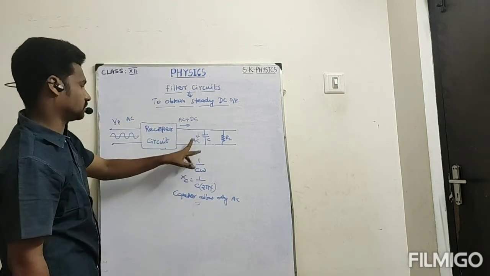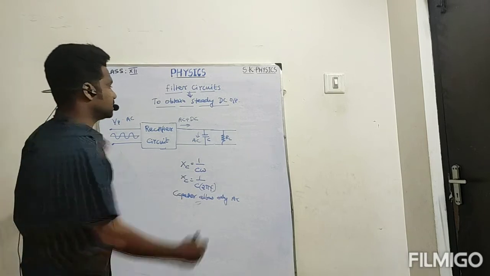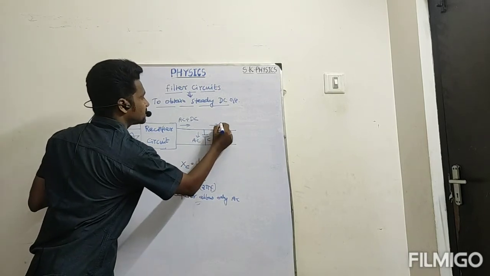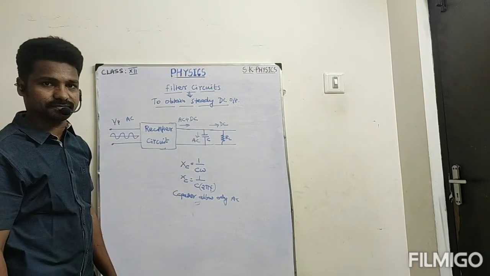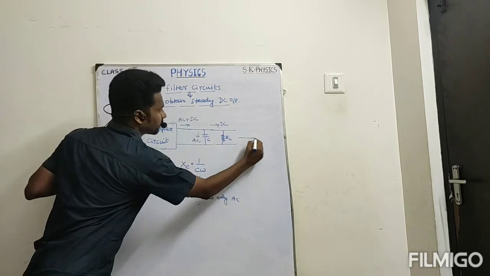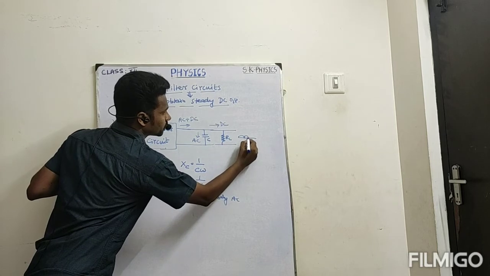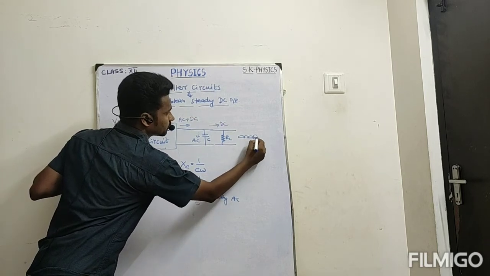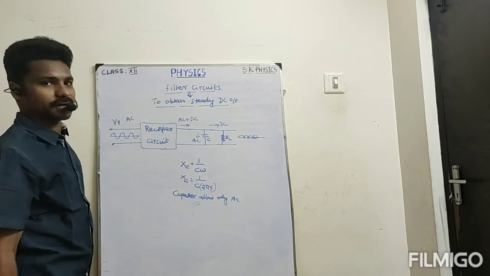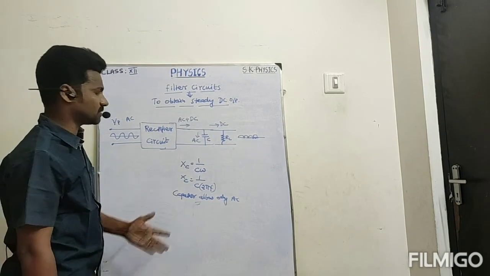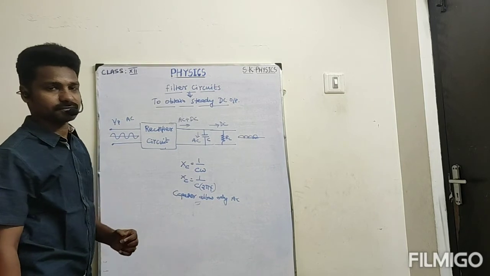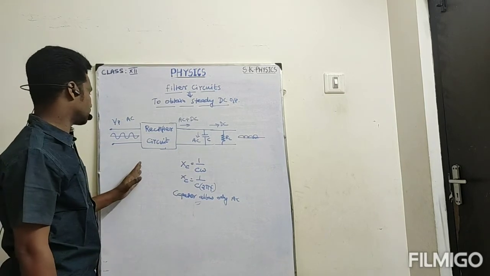After the AC is absorbed by the capacitor, the remaining DC component alone passes through the load resistor. So we can get the output, a pure DC. Actually, this kind of circuit we mostly use in the power supply. So I hope you understand.